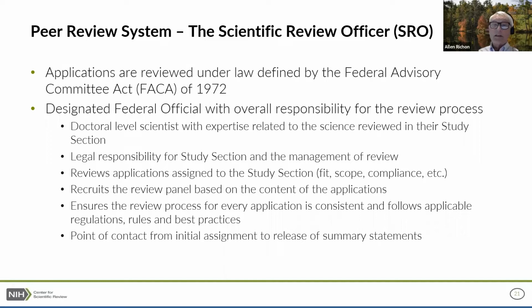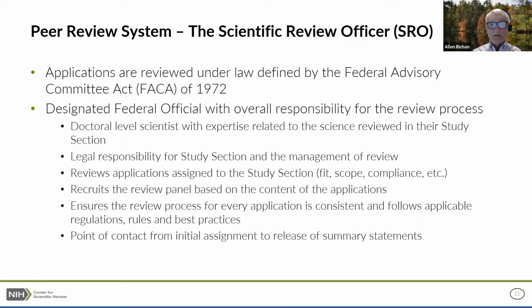We are generally PhD level, MD level scientists with expertise related to the types of science that are reviewed in the study section. For SBIR, that means that we try and get people who have experience in small businesses, who have experience in commercializing products and so on. We also look at doing a level of review, basically a pre-cut for the applications to make sure that the applications match what is the scope of our particular study section.